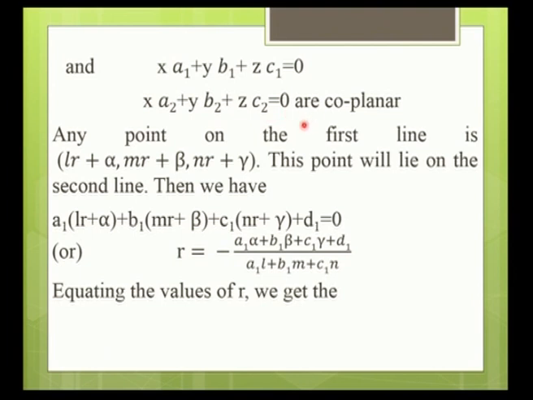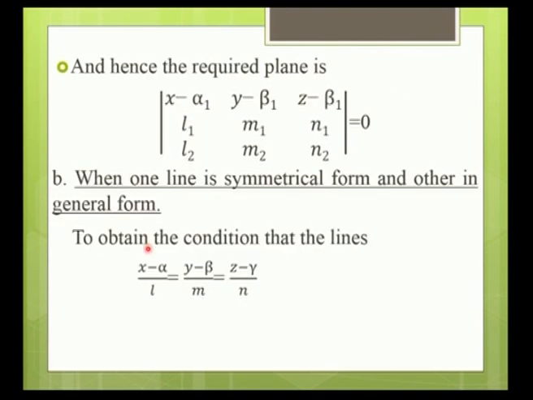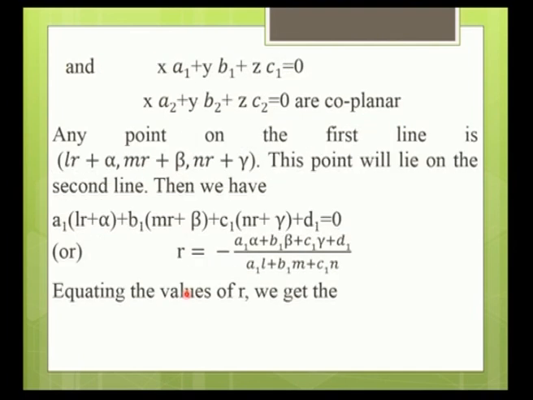Any point on the first line is given by (x minus alpha)/L = (y minus beta)/M = (z minus gamma)/N, so any point on that first line is (Lr plus alpha, Mr plus beta, Nr plus gamma). This point will lie on the second line also.